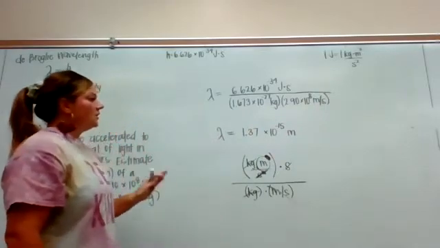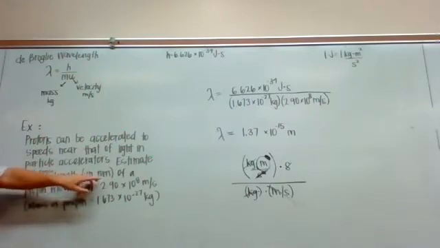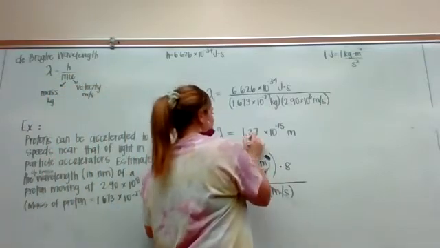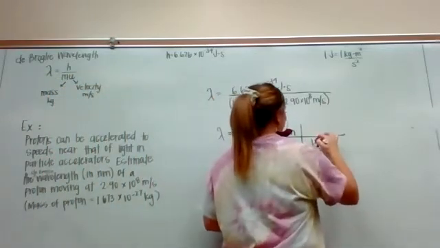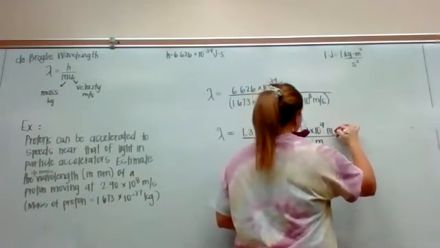Okay. All right, we have to take it one step further because it wants our wavelength in nanometers. So all we need to do is come right here. 1 meter is 1 times 10 to the 9th nanometers.